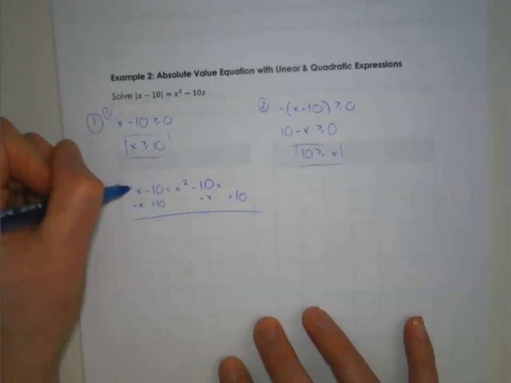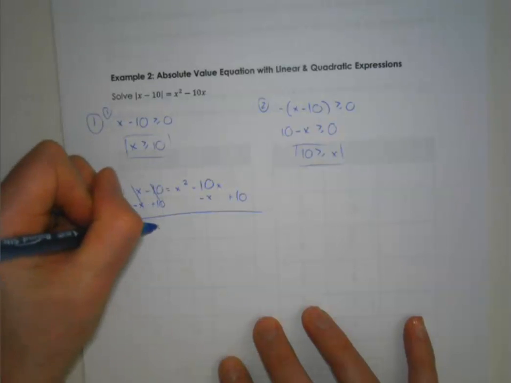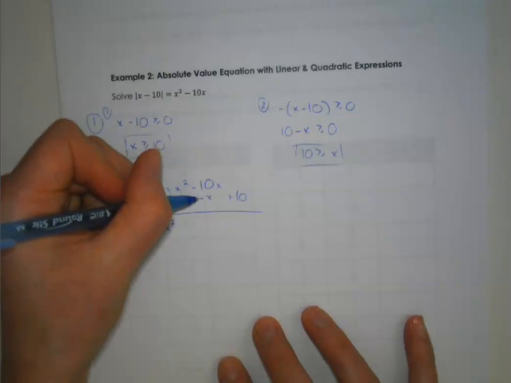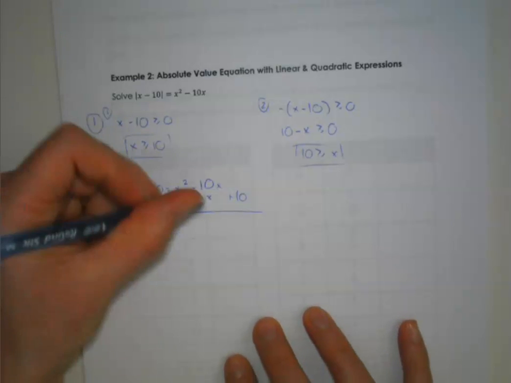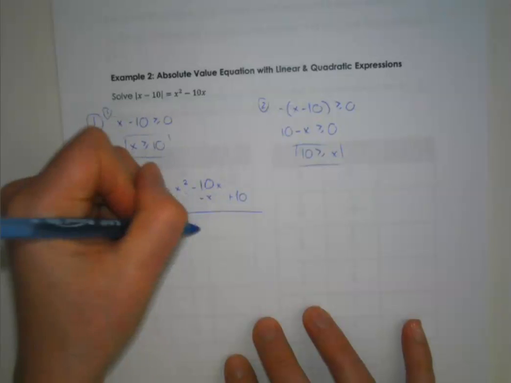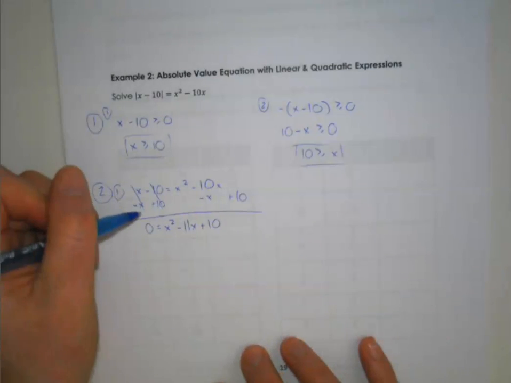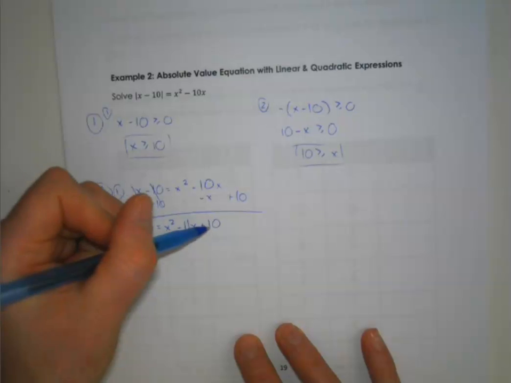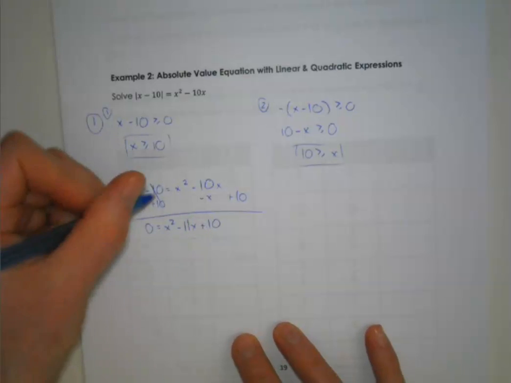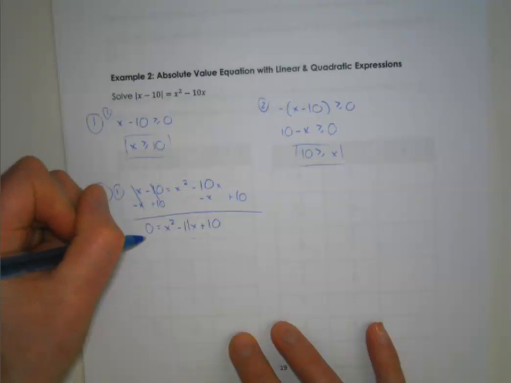So that's going to give us 0 equals x squared minus 10x minus 1x. Negative 10x minus 1x gives us negative 11x, and then we just have the plus 10 at the end. So what we need to find is two numbers that multiply to make positive 10 and add to make negative 11. That would be negative 10 and negative 1.